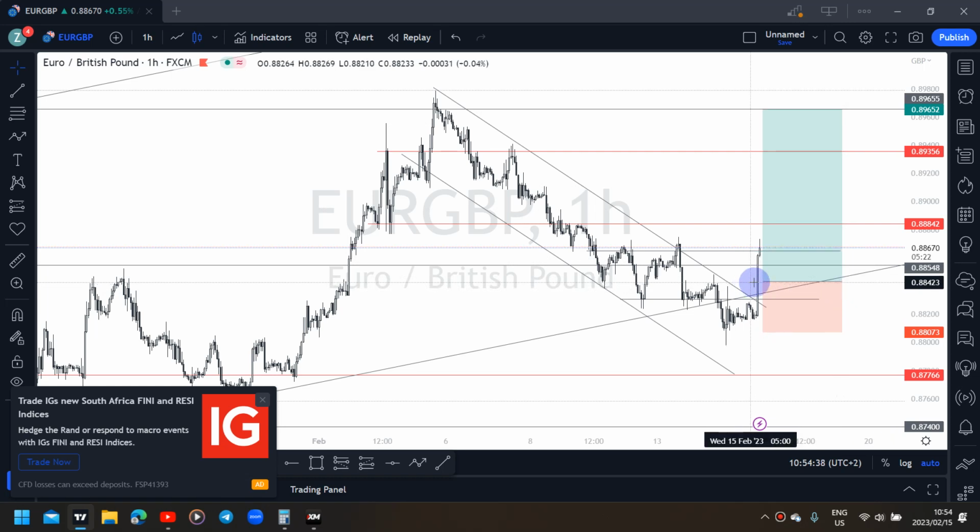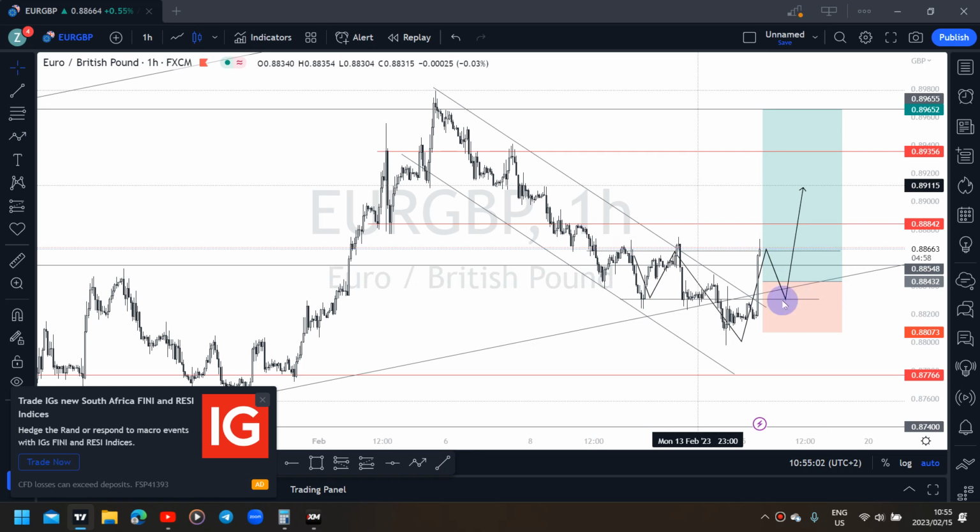The reason why I have this entry here is because, as I said, with the inverted head and shoulders, if the market completes it, it would push down to this key level here, and then it would start pushing up.